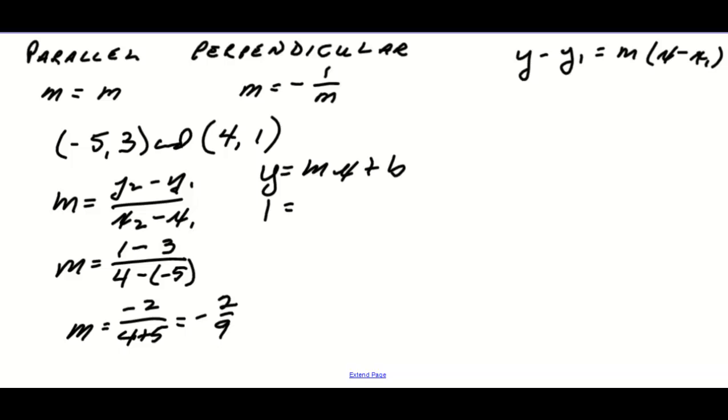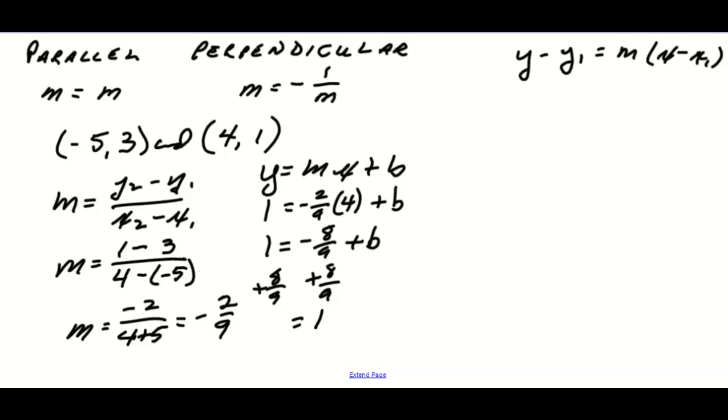Y being 1, m being a negative 2/9, and x being 4 plus b. What I get is 1 equals negative 8/9 plus b. So I add 8/9 to both sides. And what I get is b equals 1 8/9.